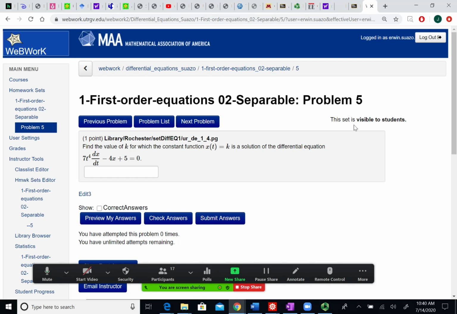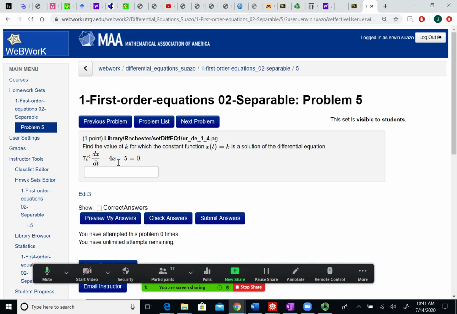What is the derivative of x with respect to time? If x(t) equals k, what is the derivative of x with respect to time? What is k? Is k a constant or a variable? A constant. So what is the derivative of a constant? Zero. So this guy is zero.